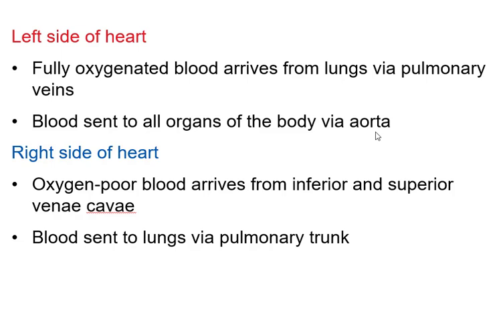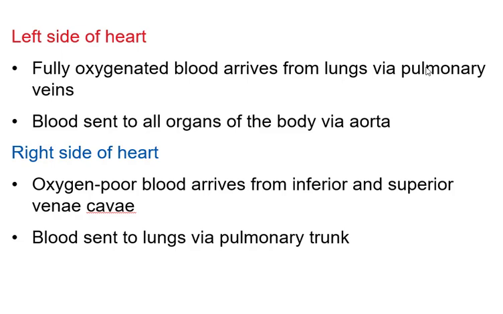And then when the heart relaxes, blood is going to start pouring back into the right side of the heart through the inferior and superior vena cava, and blood is going to start pouring into the left atrium through the pulmonary veins.